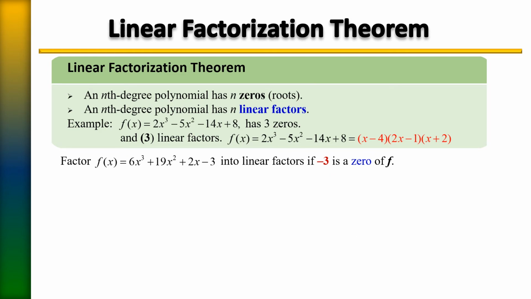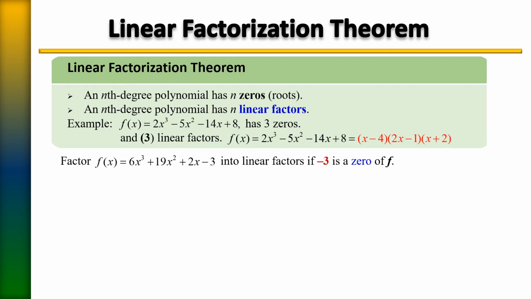It says factor this given polynomial into factors if -3 is a 0 of this function. So they're already telling us that -3 is a 0 of this polynomial function.